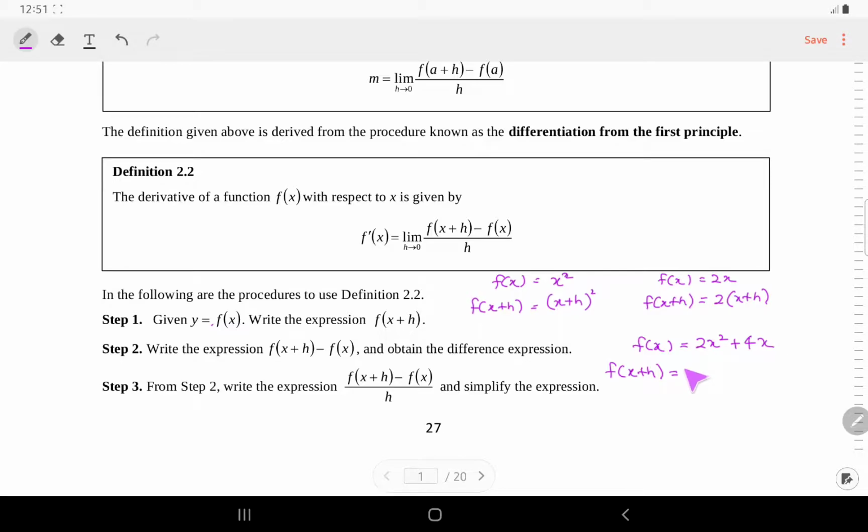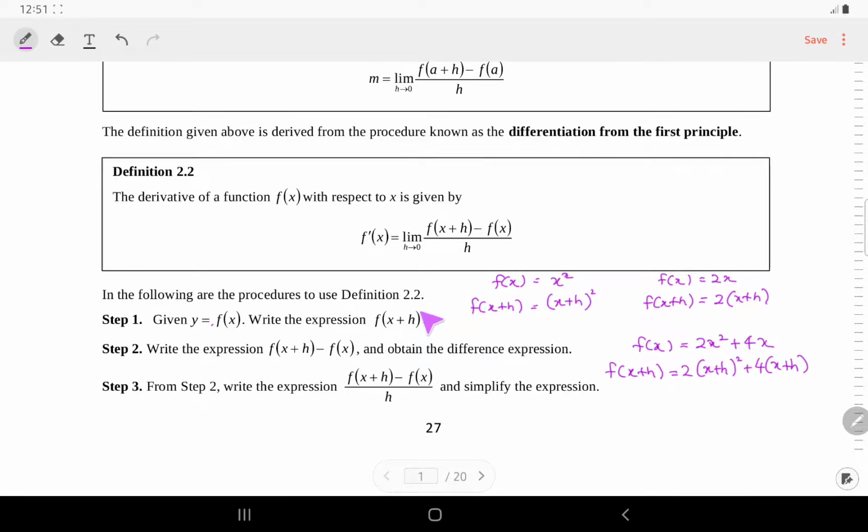It will be 2 times x plus h, squared, plus 4 times x plus h. From these 3 examples, you can see that all the values of x, the original variable, we add with h. x changes to x plus h.